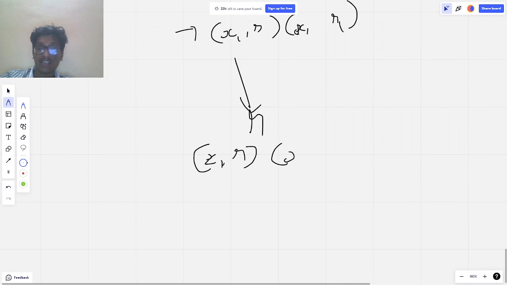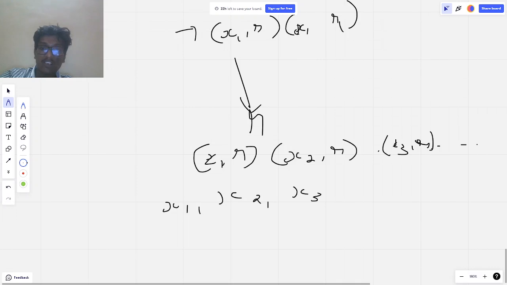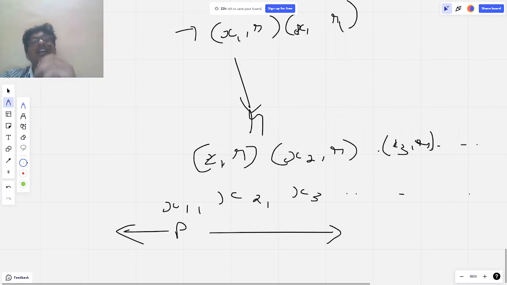So x1, x2, x3 with r as the remainder. As we know from the repeating property, x1, x2, x3, all these power numbers have a difference of p between them.